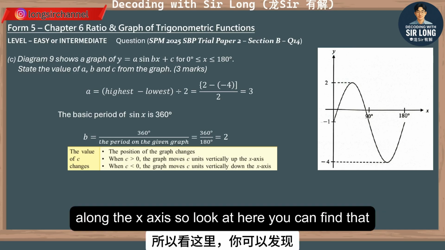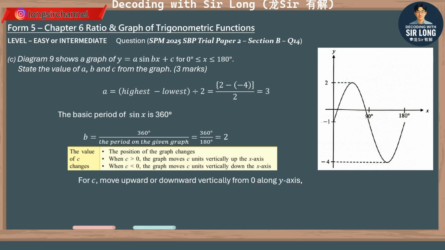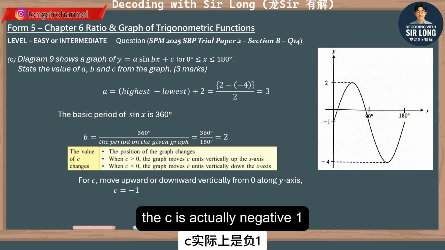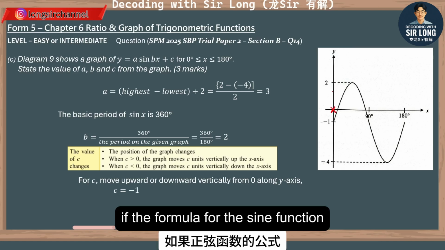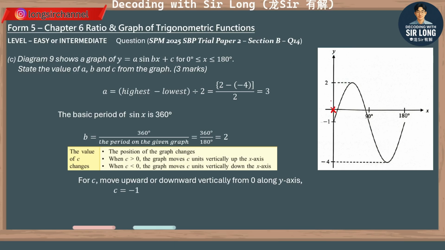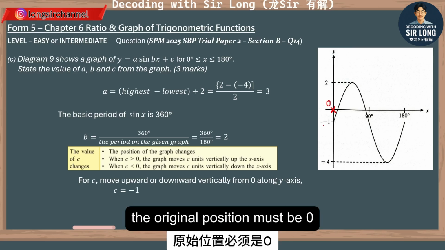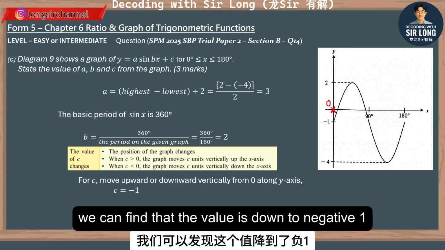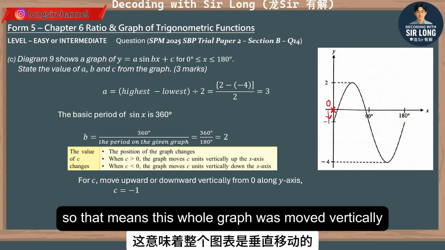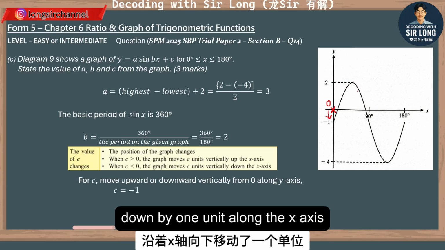So look here, we can find that c is actually -1 because, originally, for the formula of the sine function, the original position must be 0. When we see this graph on the question, we can find that the value is down to -1. So that means this whole graph was moved vertically down by 1 unit.